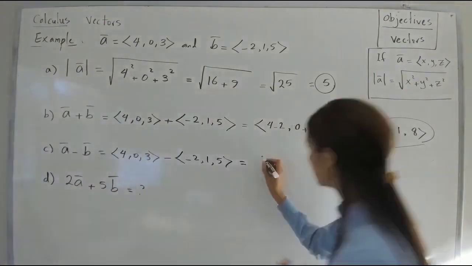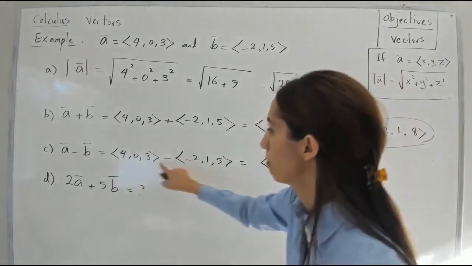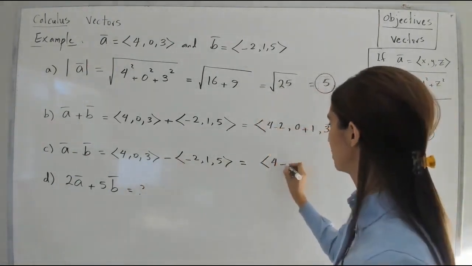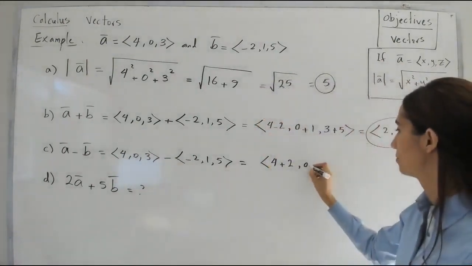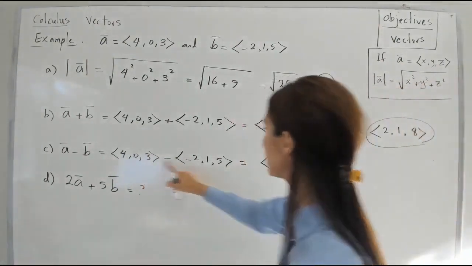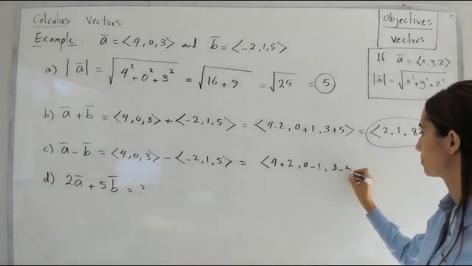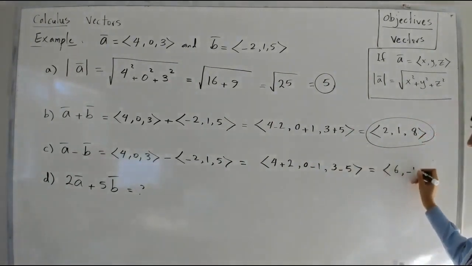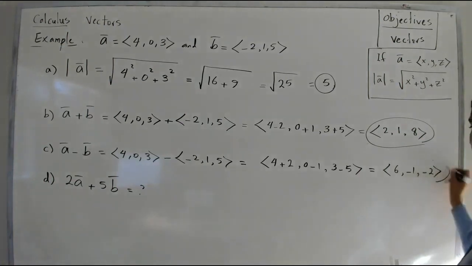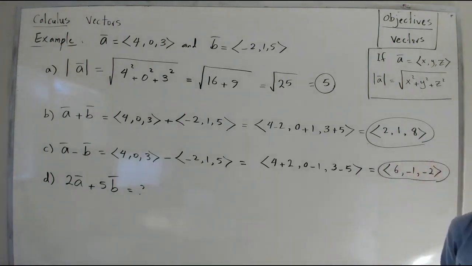So it's going to be equal to 4 minus minus 2, 4 plus 2, 0 minus 1, and finally 3 minus 5. Very well, the outcome is 6, negative 1, and minus 2. The subtraction between these two vectors.